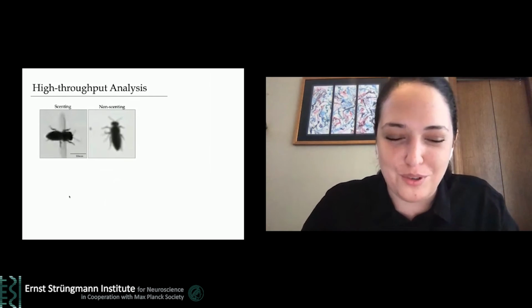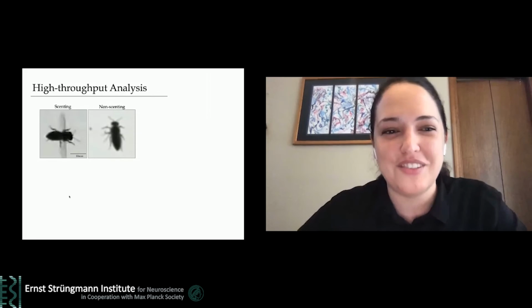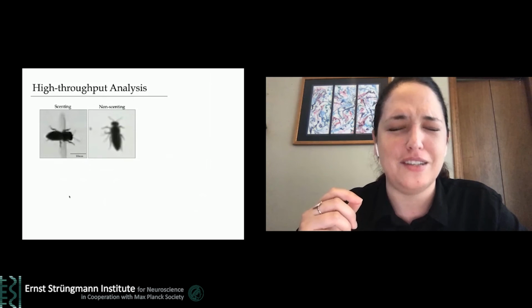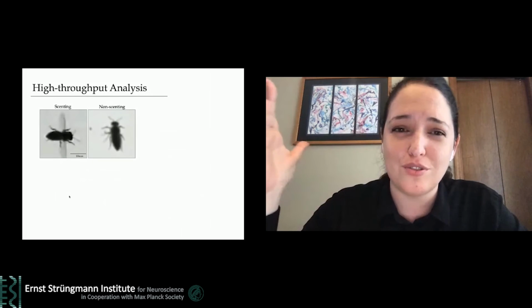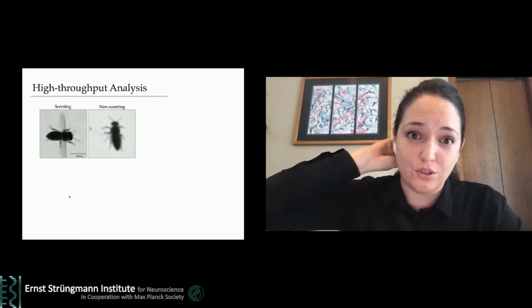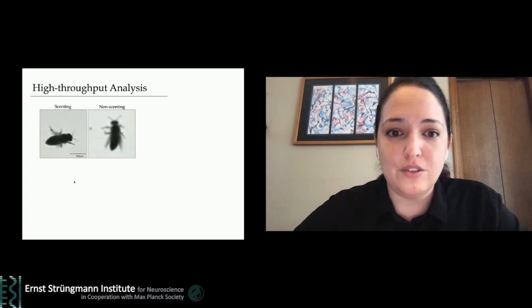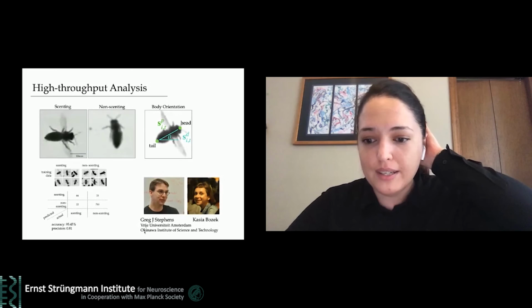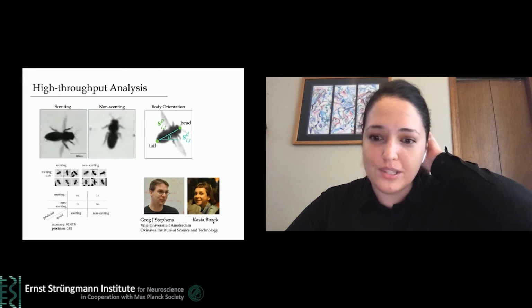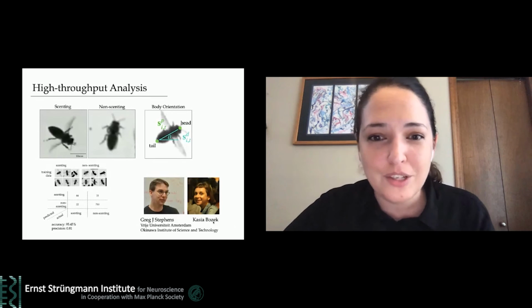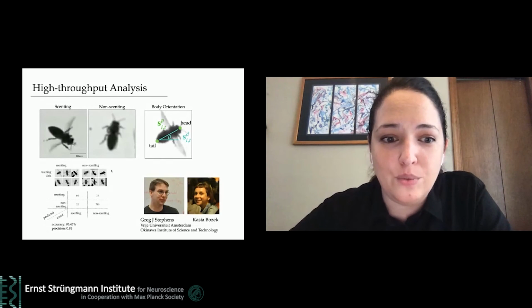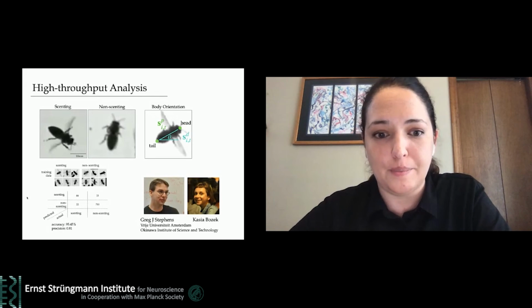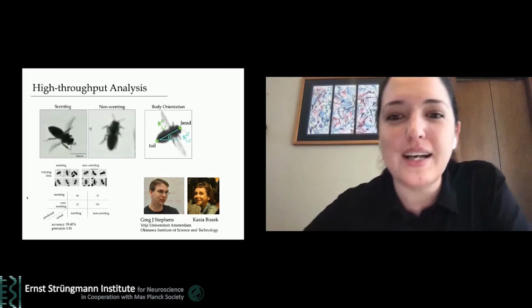So we wanted to have a more quantitative analysis of these experiments. It takes a very long time to manually track bees that are scenting or non-scenting. So together with our collaborators, Greg Stephens at OIST in Okinawa, and his postdoc Keisha, who has now opened her own lab in Germany, we constructed a high throughput analysis code that is based on machine learning.